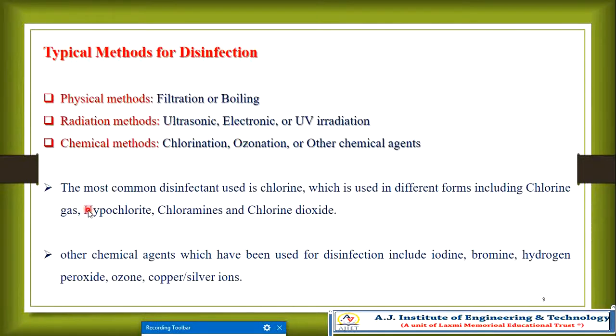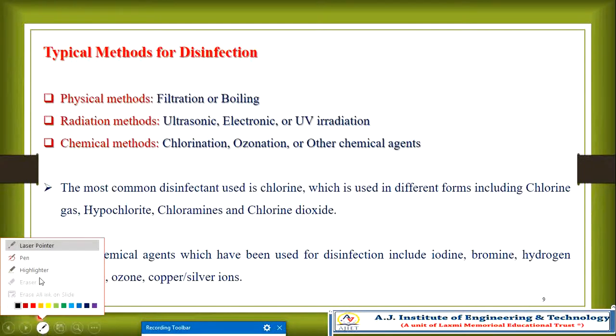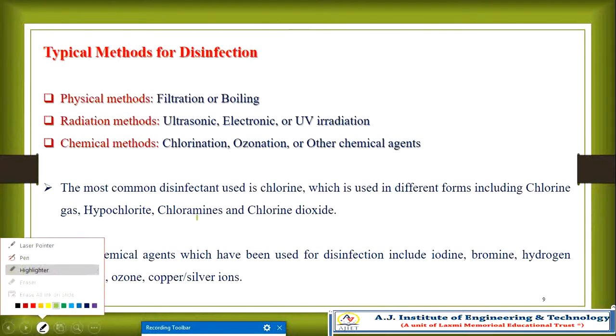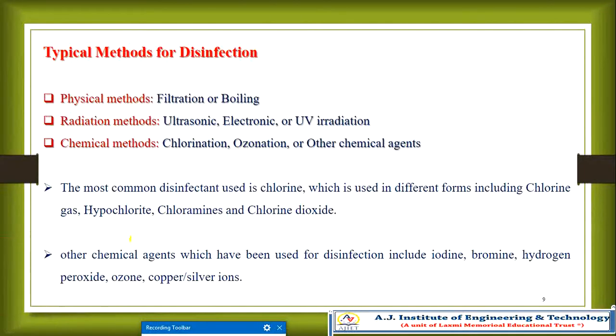What is a disinfectant? Disinfection means the process of killing pathogenic bacteria. But what is a disinfectant? The chemical we use for killing bacteria or pathogenic microorganisms is called the disinfectant.